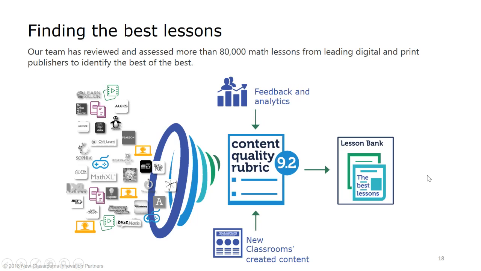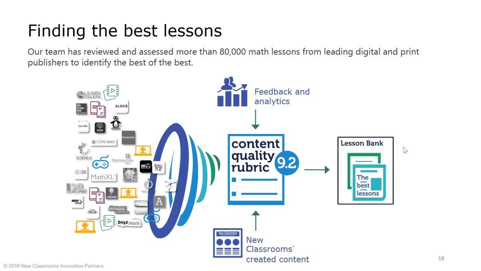Teach to One, in their math leadership and expert teams, have reviewed and assessed more than 80,000 math lessons from leading digital and print publishers to identify the best of those lessons. And what Teach to One has found is over 7,000 of the best lessons that can be best utilized in one of the different modalities to provide specific support for each child individually.